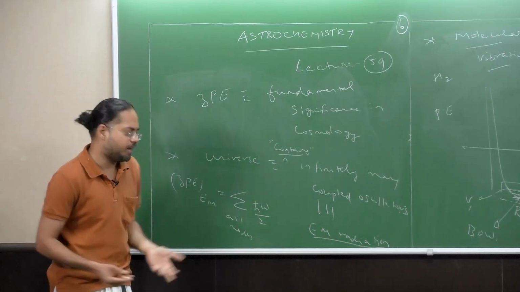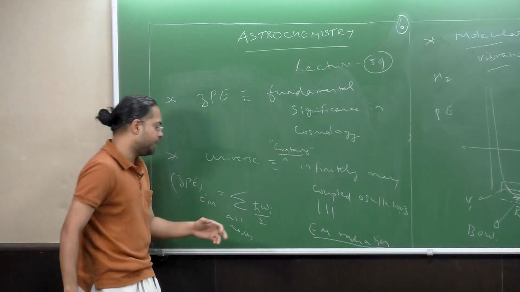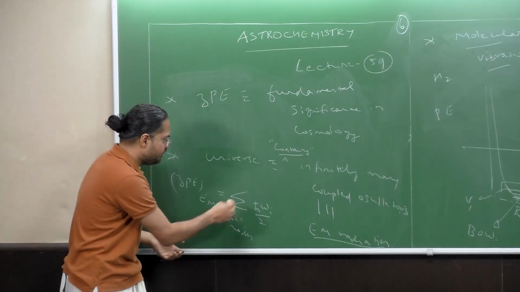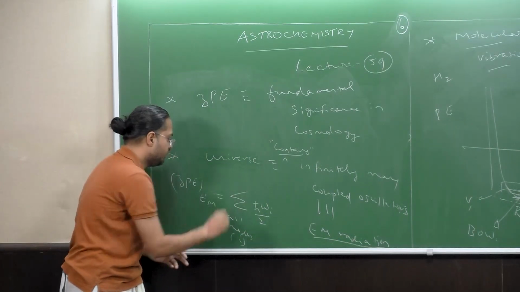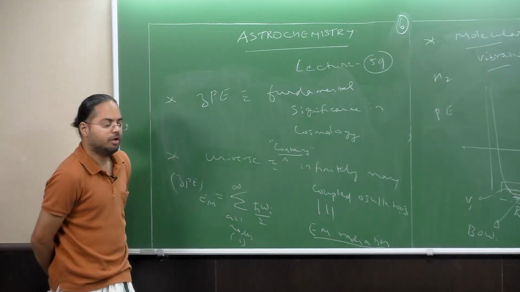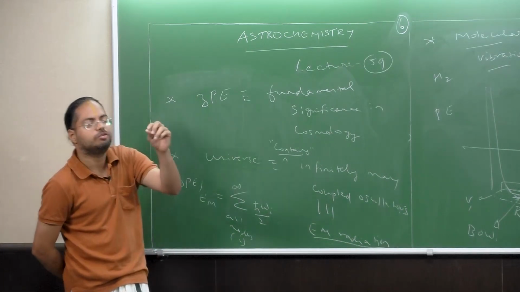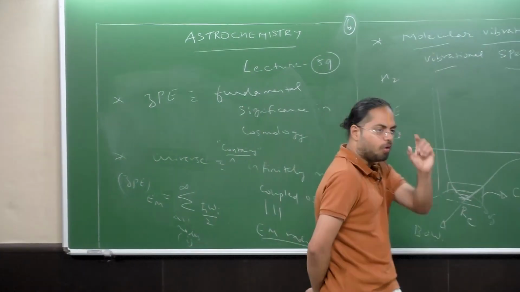Let's say I is the index used for these modes, and let's say there are infinitely many such modes. I sum over all the modes, and each of these modes has a small angular velocity omega.